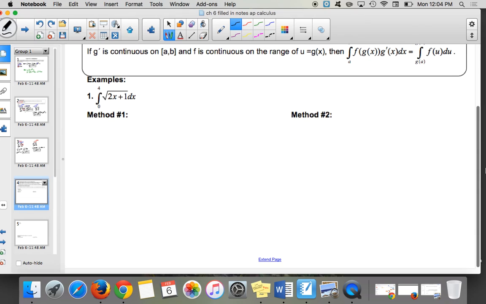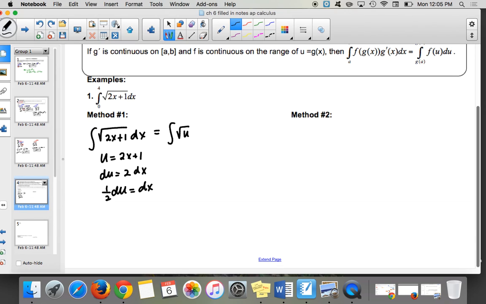Okay, so here's what goes on with this. Method number 1. I'm going to ignore the 0 and 4 for right now, and I'm just going to do an indefinite integral. So my u is 2x plus 1, my du is 2 dx. So I'm going to have my 1/2 du replacing the dx. So it's going to be the square root of u du with a 1/2 out front.